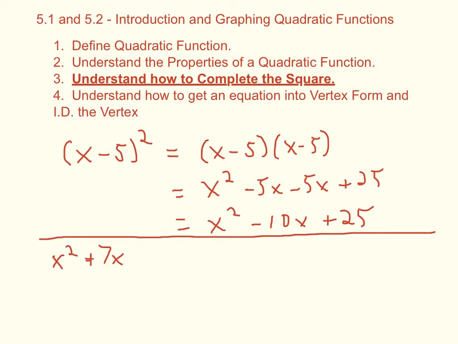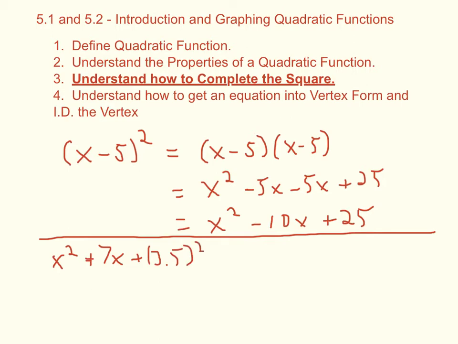Okay, now that we did it one way, let's do it in reverse. So let's say you have x squared plus 7x, and what you want to do is get this into an expression that you can square as a binomial. So from what we did before, this -5 is half of the -10 right here, and we square the -5. So we take half of 7, which is 3.5 quantity squared.